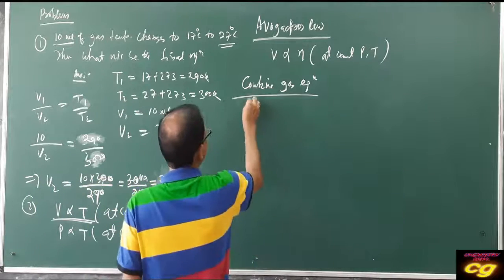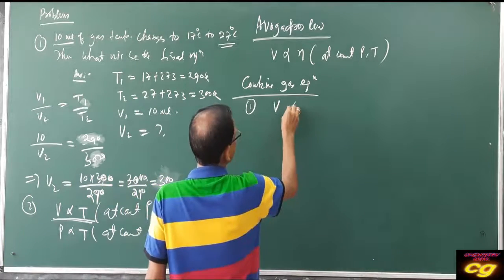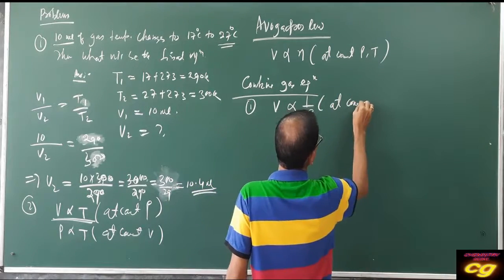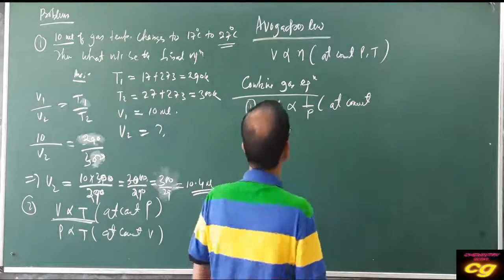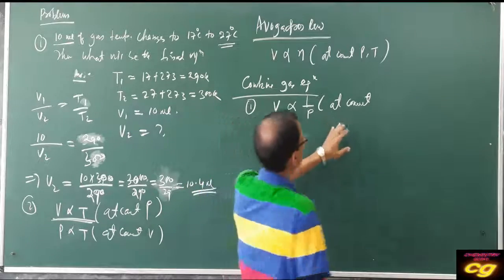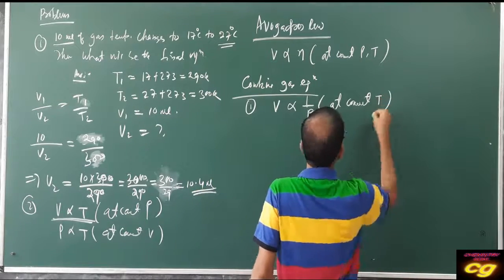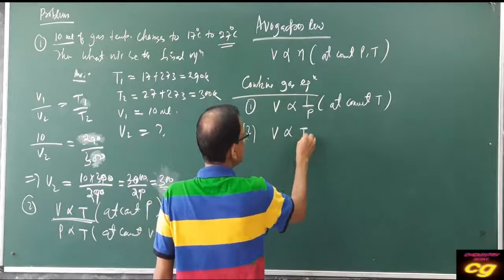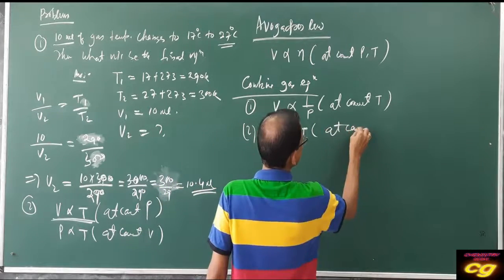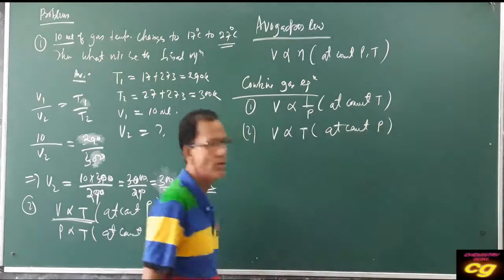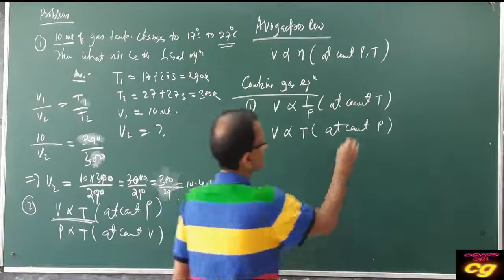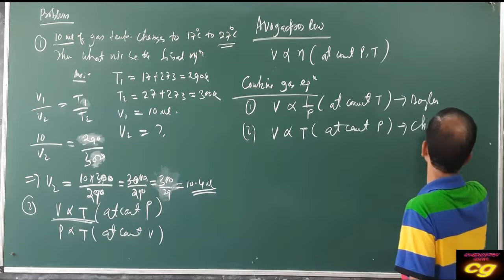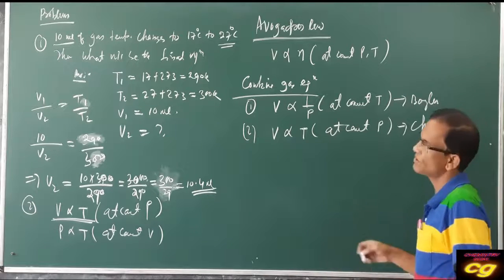Boyle's law: V is inversely proportional to P at constant T. Second, Charles' law: V is proportional to T at constant P. This is Boyle's law and Charles' law.